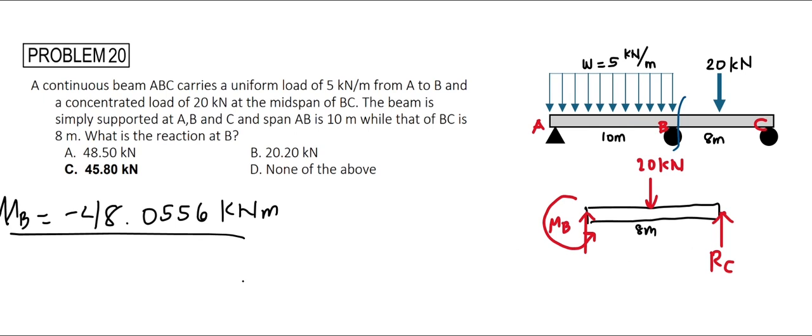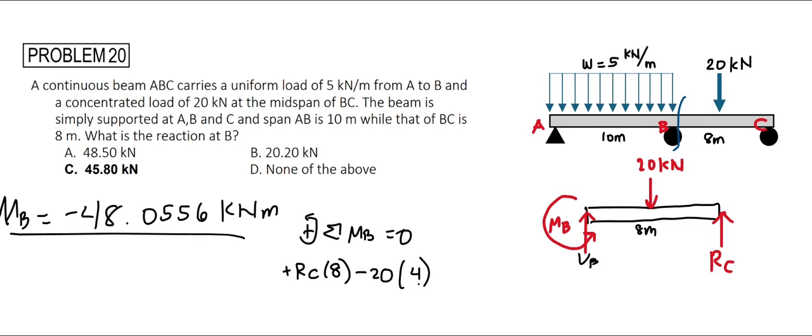And to solve for the reaction at C, we take summation moment at point B equal to 0, considering counterclockwise to be positive. So we have R sub C times a moment distance of 8 meters that is going in the counterclockwise direction, so it's positive, minus the 20 kN force that would induce a clockwise moment, so it's negative, and then plus the counterclockwise moment of 48.0556 kN meters, all equal to 0.